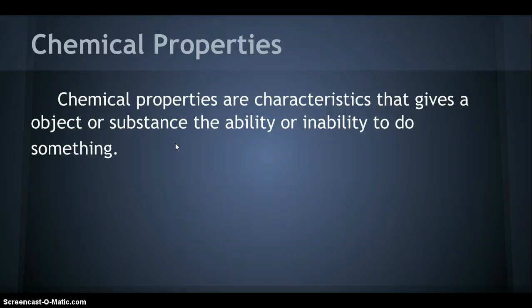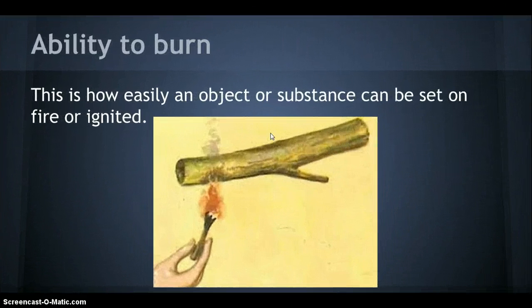Chemical properties. Chemical properties are characteristics that give an object or substance the ability or inability to do something. Ability to burn, or flammability. This is how easy an object or substance can be set on fire or ignited. Now, this is chemical because it depends on what type of object you have.